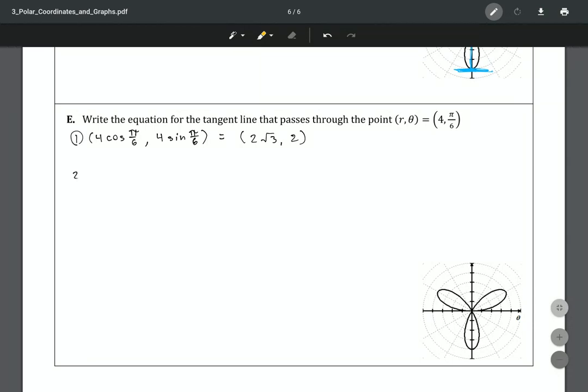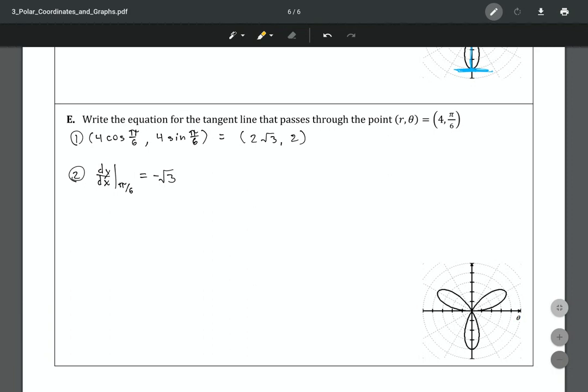Now, step number 2 is I need my slope of the tangent line at pi over 6. I don't think this is the only way to do it, but because we already did it once, I have to plug this into my derivative function. That'd probably be the easiest way to do it, to be honest. Since I've already done that before, that's negative square roots of 3.